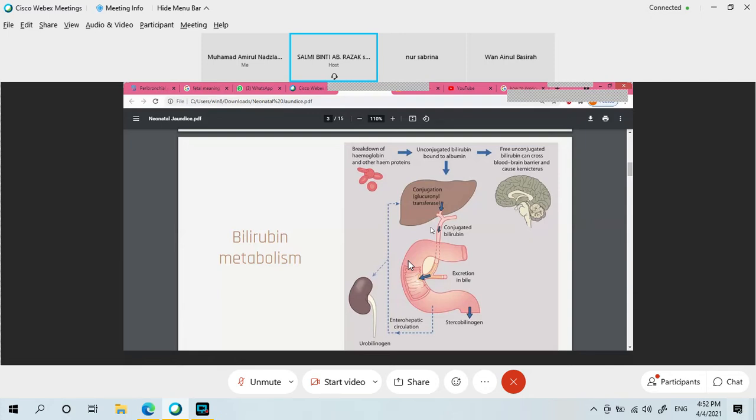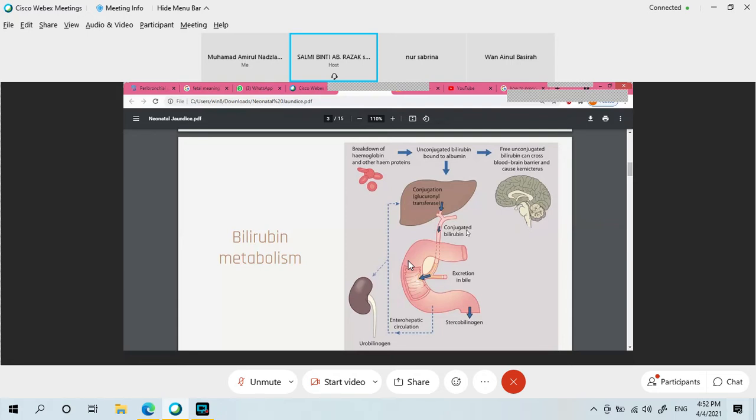Dalam adult, because of the mass, pancreatic mass, dia obstruct excretions of bowel. But for us, obstructive jaundice-nya duduk atas lagi, over the gallbladder.